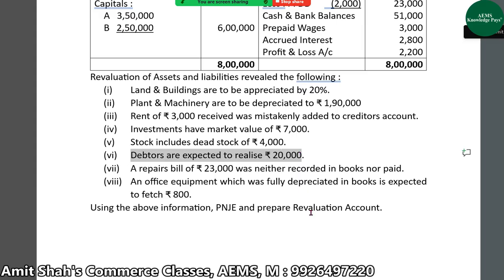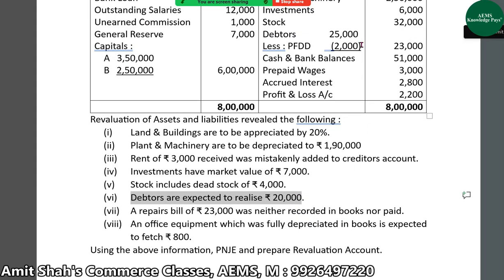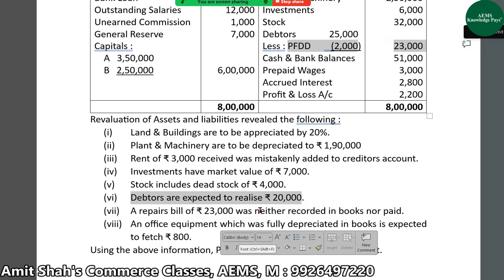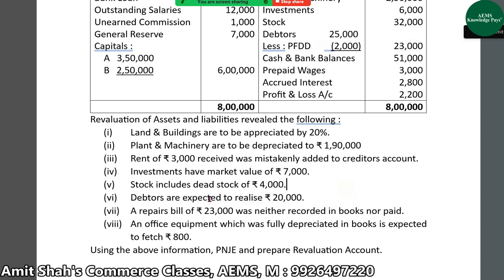Debtors are expected to realize rupees 20,000 as of now. In our books, after provision for doubtful debts, the value of debtors is 23,000. But our evaluation revealed that debtors are expected to realize only rupees 20,000. So we need to decrease our debtors by 3,000 more, and that is only our expectation or anticipation.